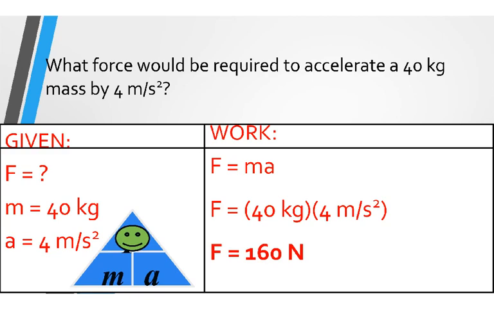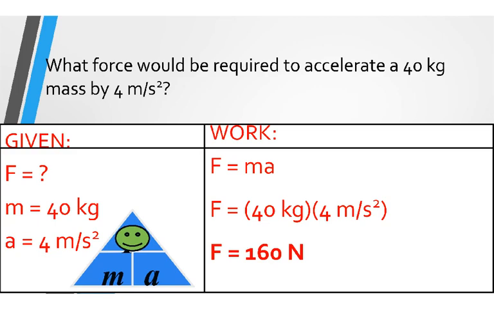So here are just three quick examples. What force would be required to accelerate a 40 kilogram mass by 4 meters per second? The little sticker here, the little smiley face, is used to cover up the one that we're solving for.